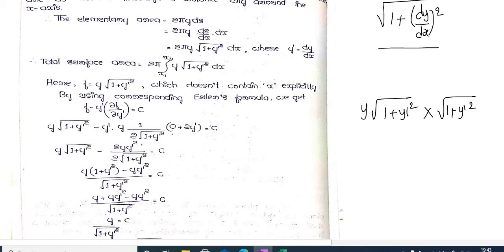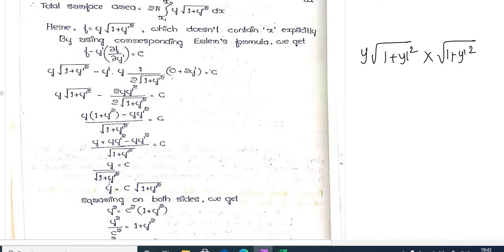Then y into y dash square only here equal to c. So multiply y into 1 is y, y into y dash square is y y dash square minus y y dash square. The plus term cancels with the negative term. So we are going to get numerator as y only.